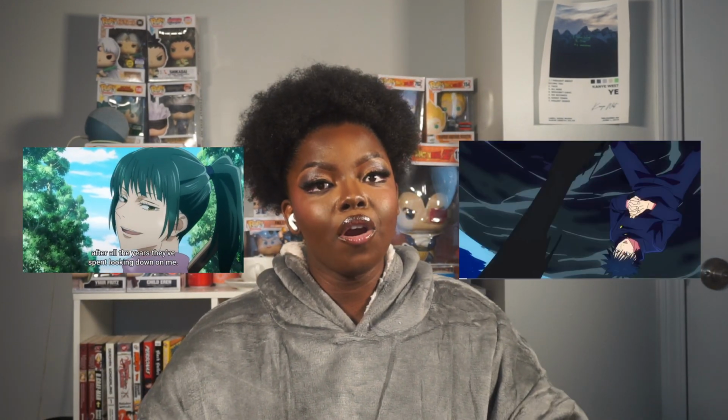What is heavenly restriction? Well, let me give you some really good examples. On this end, we have Toji Fushiguro, and on this end, we have Maki Zenin. Maki is only able to see cursed energy because of her glasses. Without her glasses, she would not be able to see cursed energy.